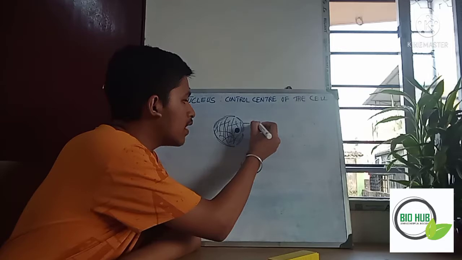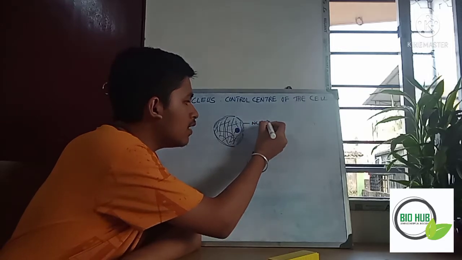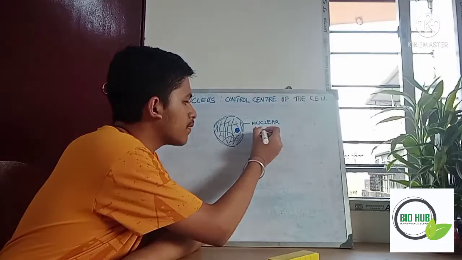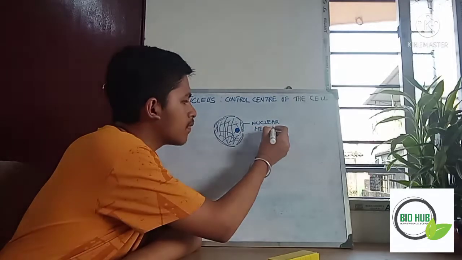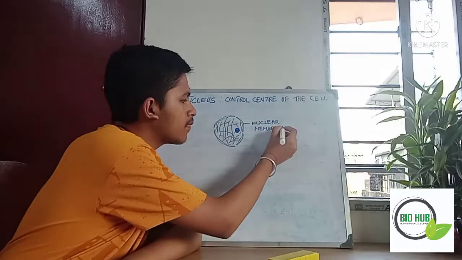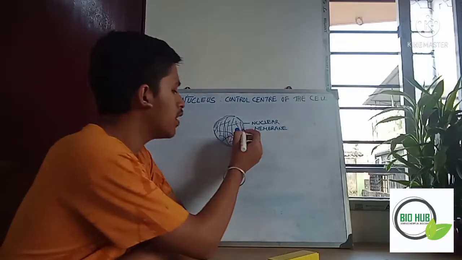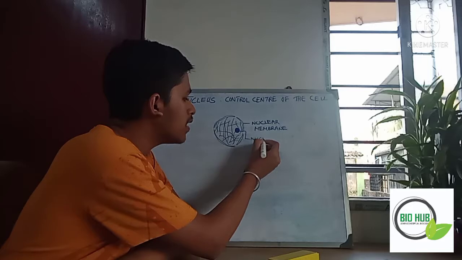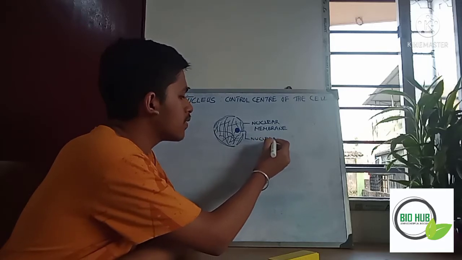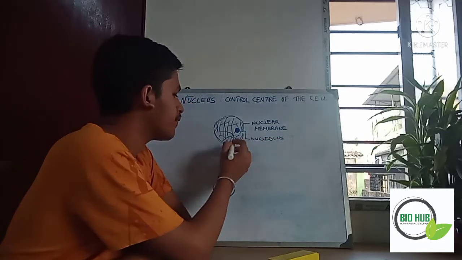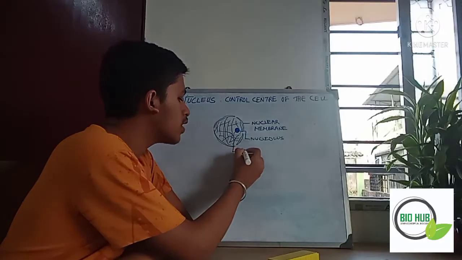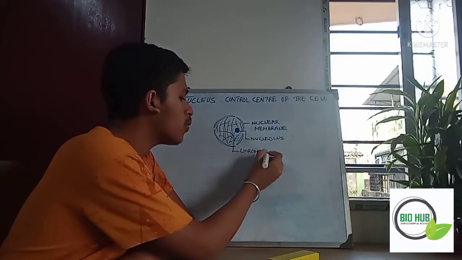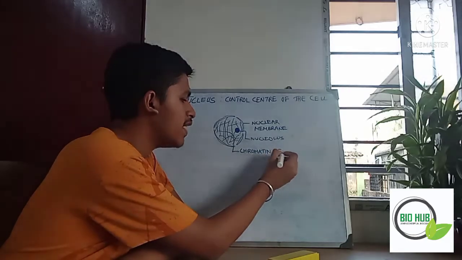This is the nuclear membrane. This is the nucleolus. These are the chromatin nets or the chromatin fibers which form a net.